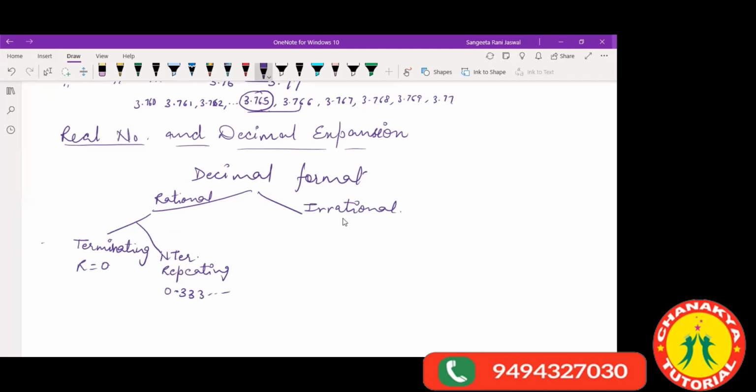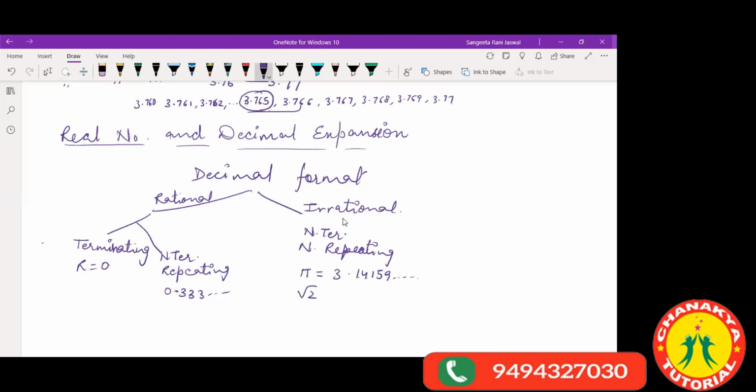And for irrationals you have non-terminating and non-repeating, like the value of pi, 3.14159 and it goes on with different numbers.